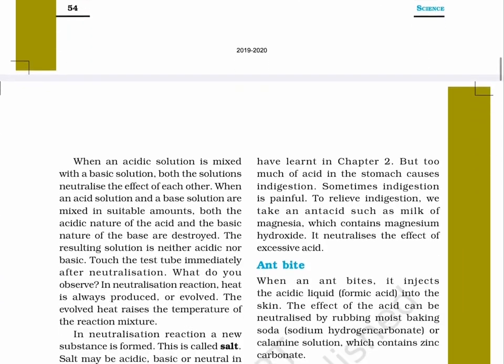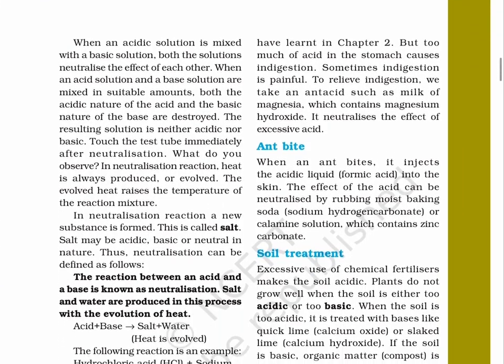Page 55. When an acidic solution is mixed with a basic solution, both the solutions neutralize the effect of each other. When an acid solution and a base solution are mixed in suitable amounts, both the acidic nature of the acid and the basic nature of the base are destroyed.